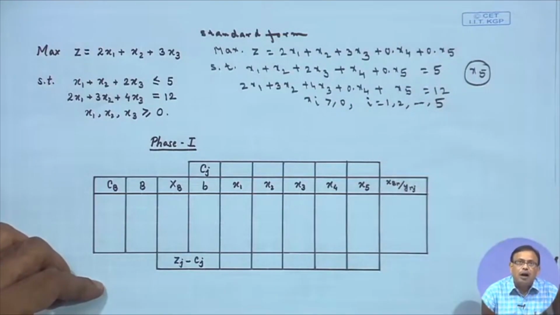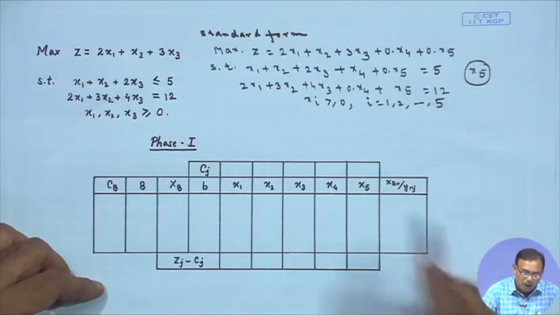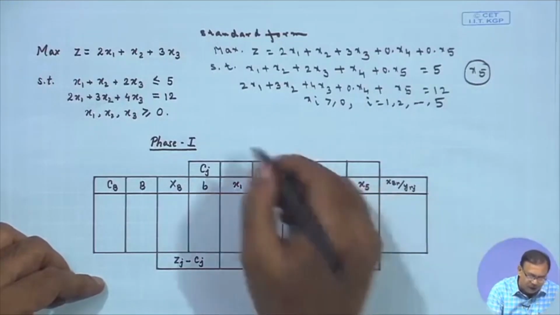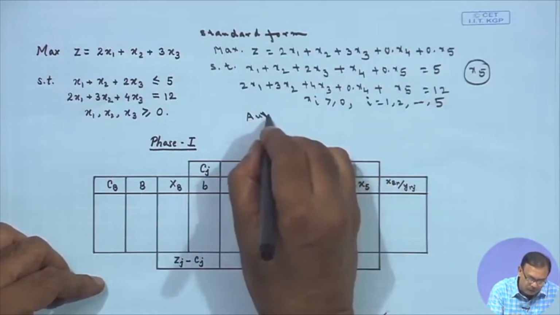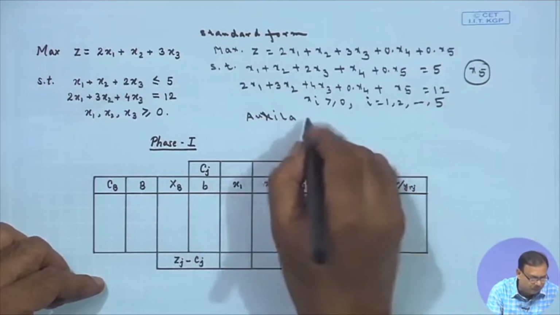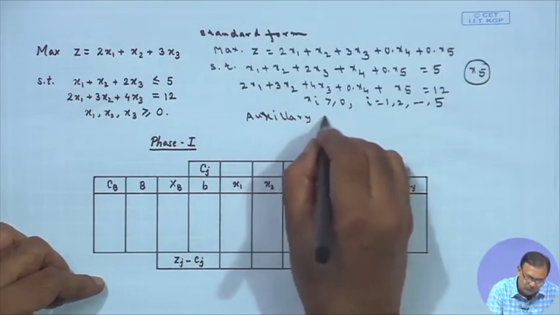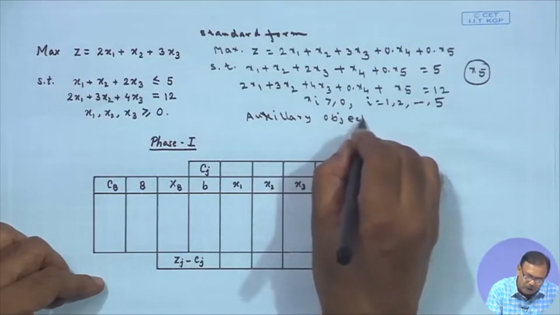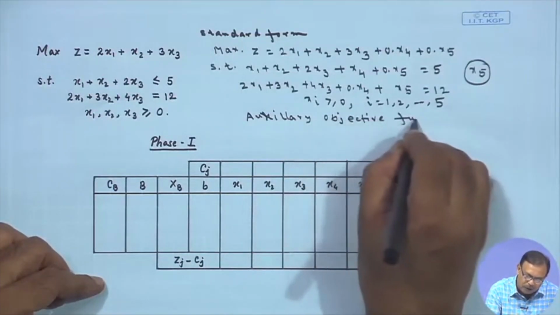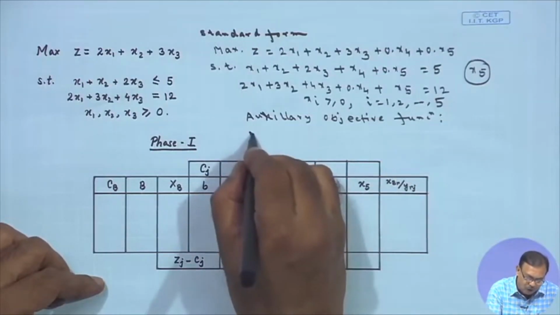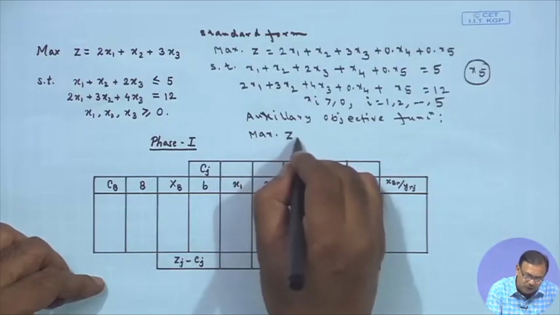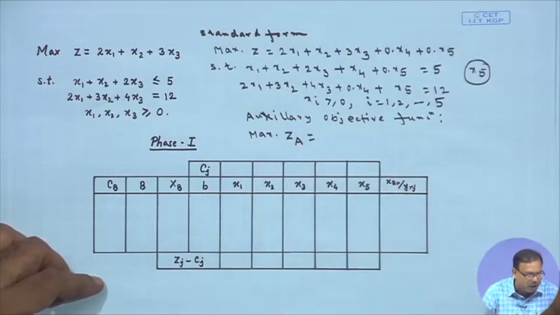From here, now you will create one auxiliary objective function. So, your auxiliary objective function will be say z a or z star, whatever name you can give.